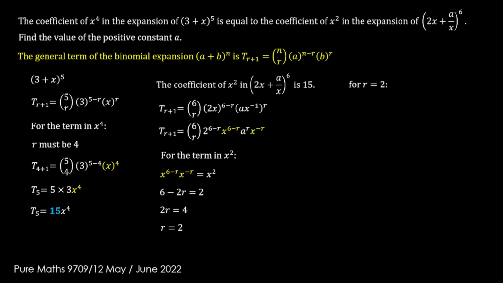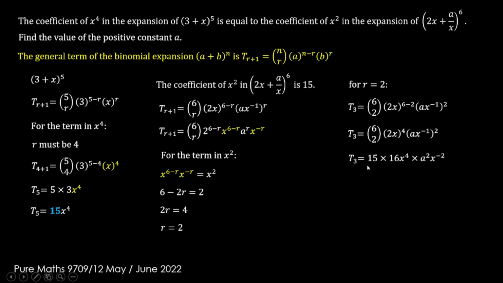So for r equals 2, the general formula gives us the third term now. So we have 6C2 times (2x)^(6-2) times (a x^(-1))^2. And we simplify a little for the power, so 6 minus 2 is 4.